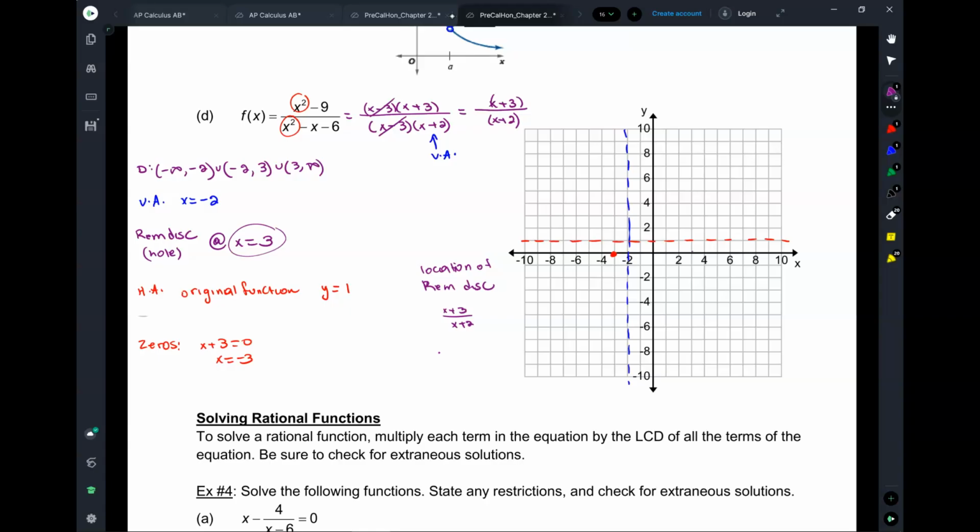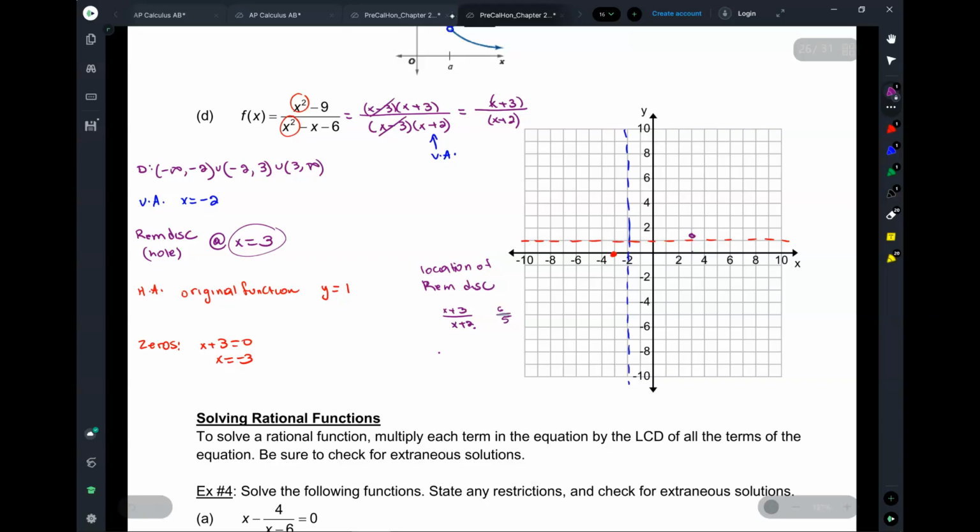So what do I get? 3 plus 3 is 6 over 3 plus 2 is 5. So 6 over 5. So the location of that is at 6 over 5, which is like 1 point something. So at x equals 3 and 1 point something is where my removable discontinuity is.